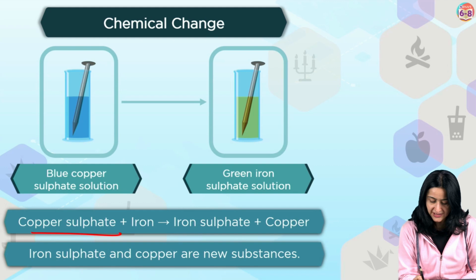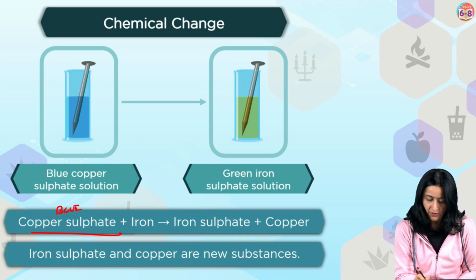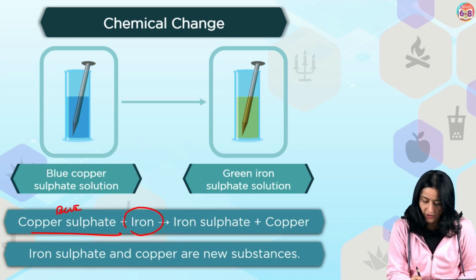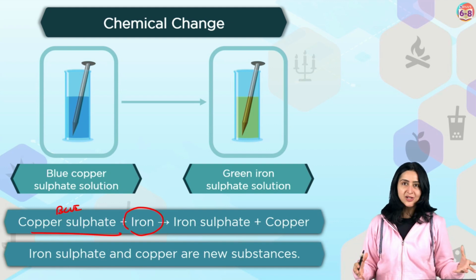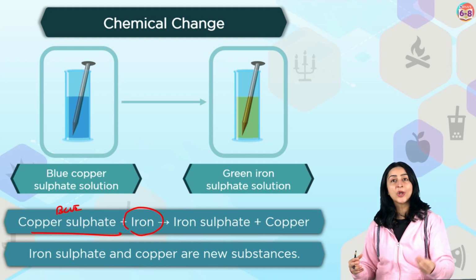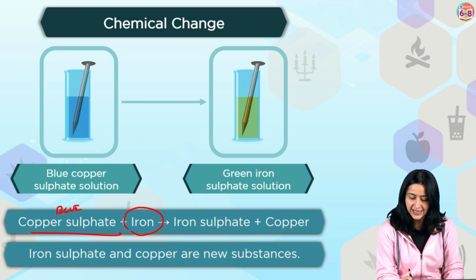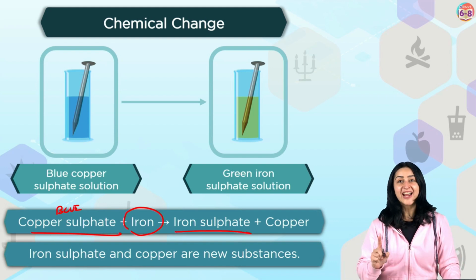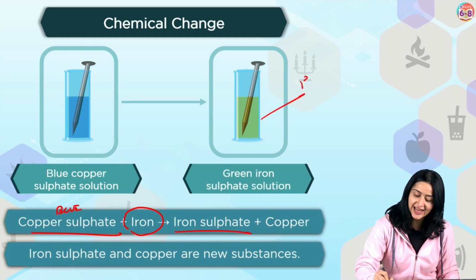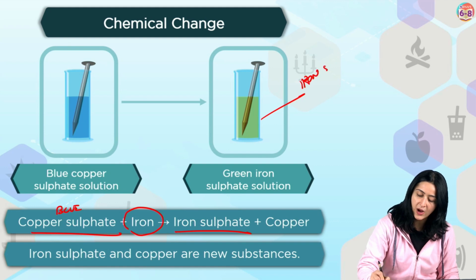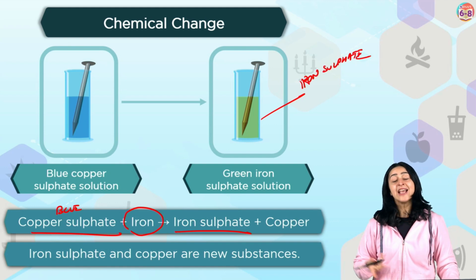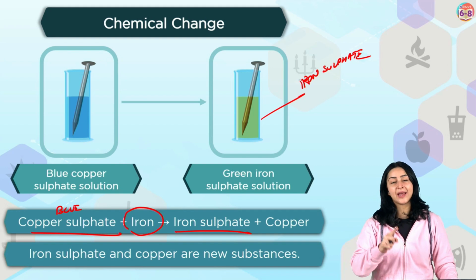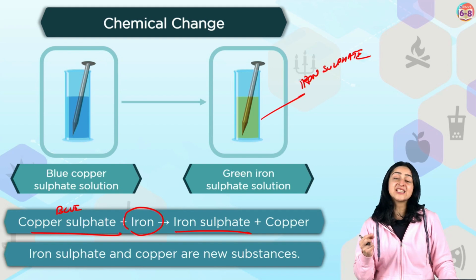So we have copper sulfate, which is blue, plus iron, which then combines as a chemical change to give us two new substances. This gives us iron sulfate. Iron sulfate is green in color, and that is why you are seeing that color change over there. And that shiny new nail becomes brown in color because there is a copper deposit on that nail.